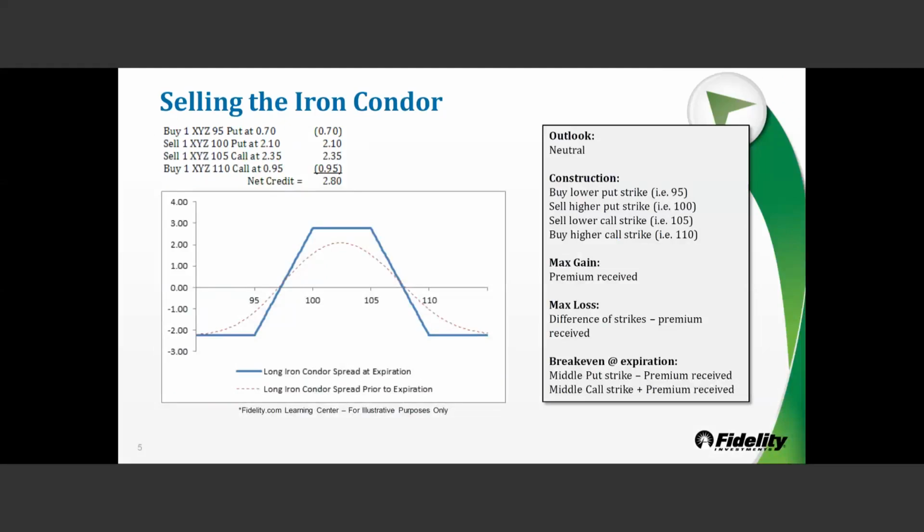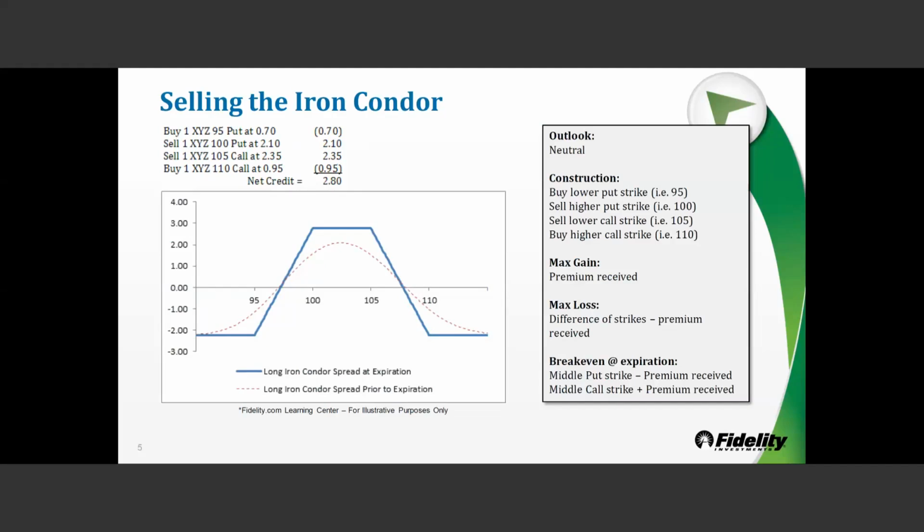An iron condor is basically two verticals. I don't know how many of you know what a vertical is. A vertical is where you create a spread, that is, you buy a call or a put at one point, and you sell a call or a put at another point, and the spread is the money that you can make.